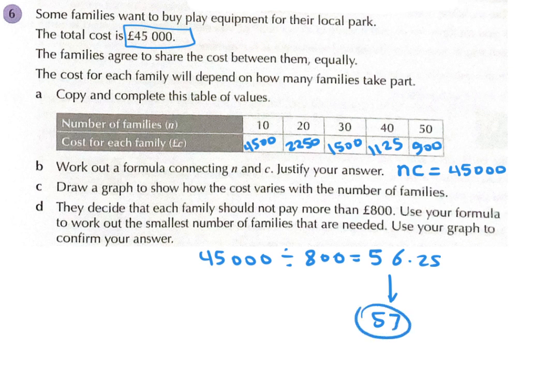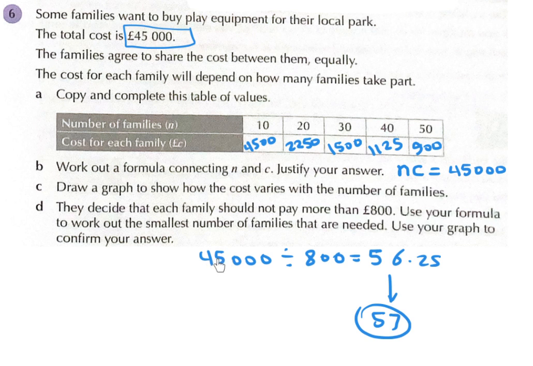57. Because the total cost is 45,000. If we consider 56, it is not enough for 45,000. So round up, 57. Because if you took 56 and multiplied by 800, the total cost would be less than 45,000.